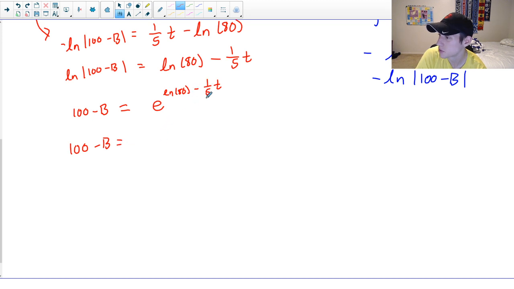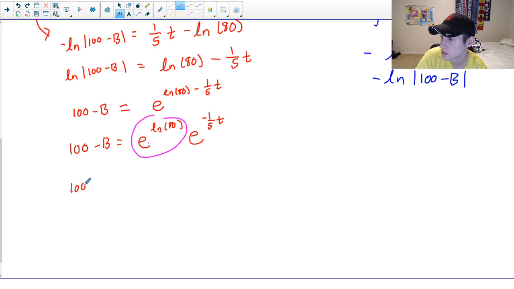Thanks to exponent rules, this subtraction in the exponent tells me I can split this up. e to the natural log of 80 times e to the negative 1/5 t. I have e to the power of natural log, so those will cancel each other out.